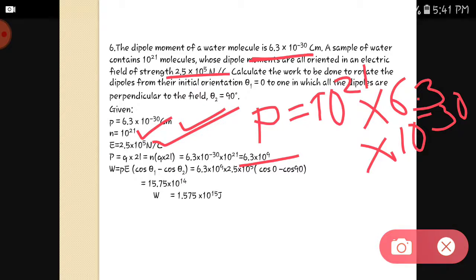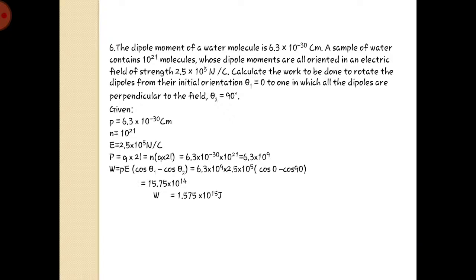Okay. So let us find out the work done. Work done is nothing but PE into bracket cos theta 1 minus cos theta 2. By putting all the values which are given, P, E, theta 1 and theta 2. What is cos of 0? It is 1.